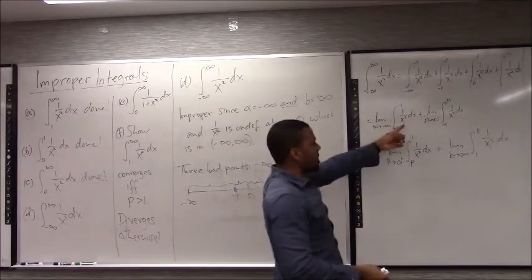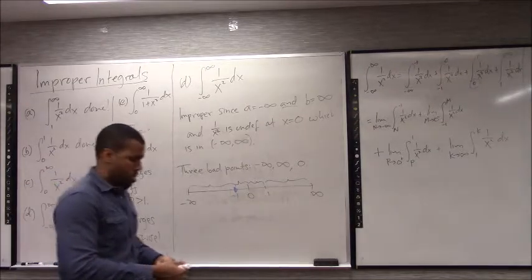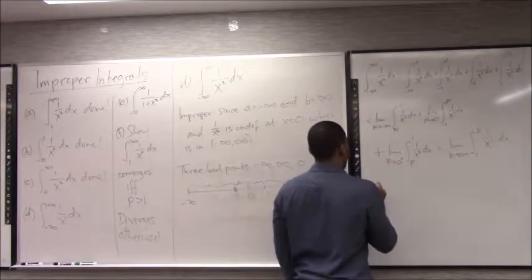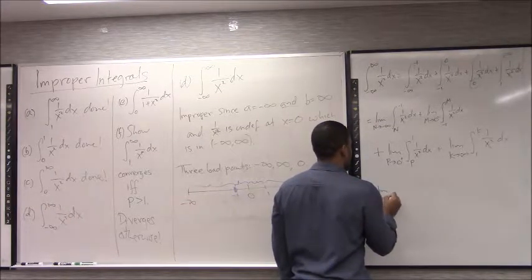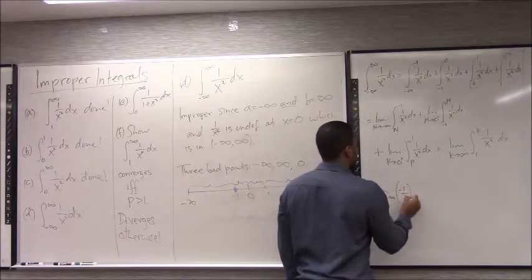So we knew what the integral of 1 over x squared was, right? It's -1 over x. So here, this is the limit as n approaches minus infinity of -1 over x.